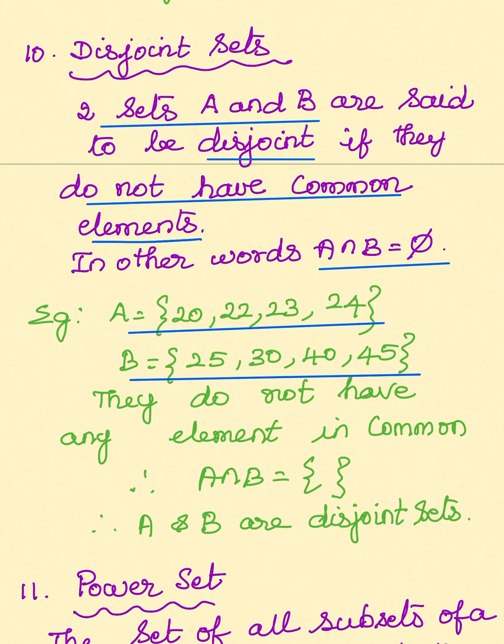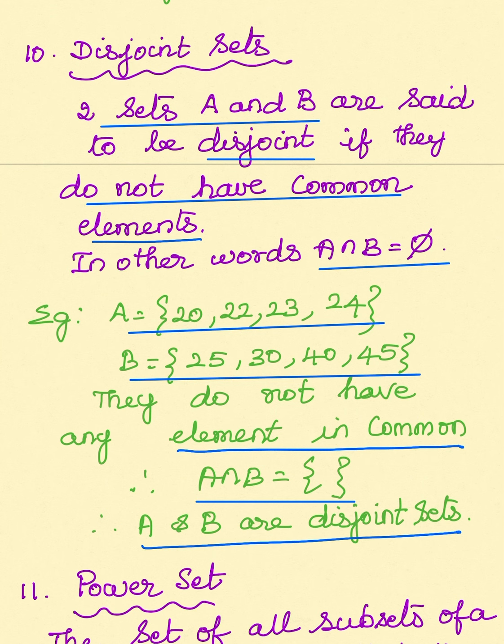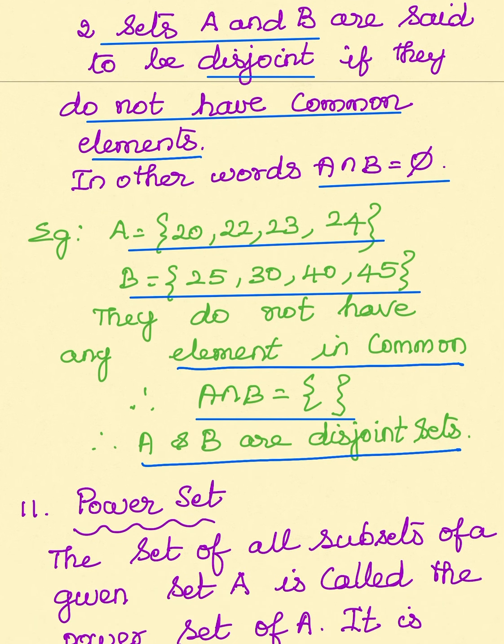They do not have any element in common. 20 is not here, 22 is not here, 23 not here, 24 is not here. Similarly, 25 is not in A, 30 is not in A, 40 is not in A and 45 is not in A. So no elements are common. Therefore, A intersection B is the empty set. So we call these disjoint sets.